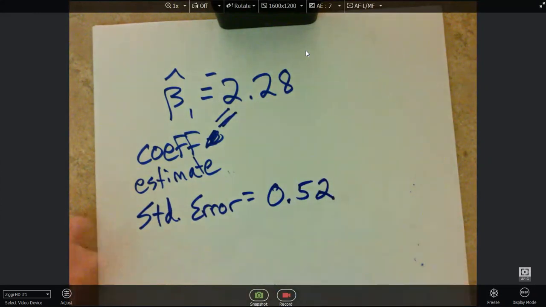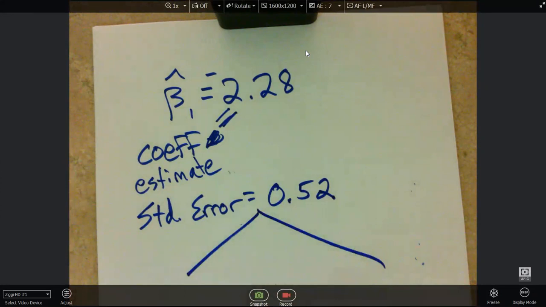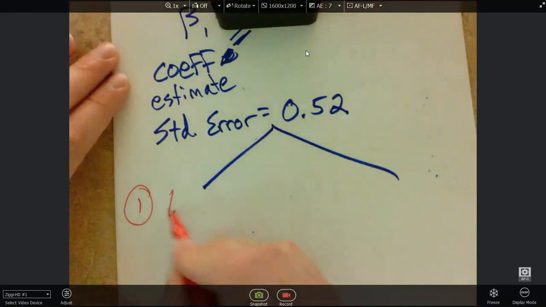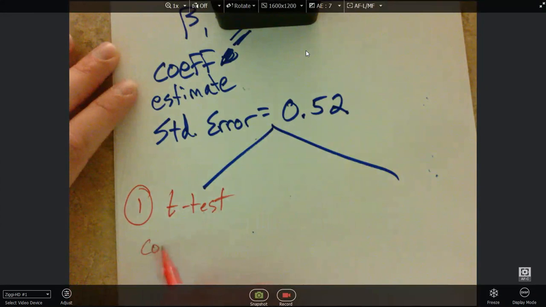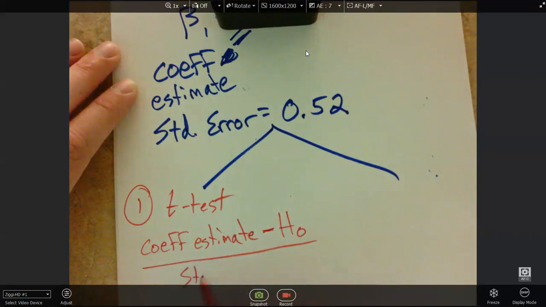So what is this standard error telling us? There are two main ways that we can interpret it. The first way is by doing a t-test. This is where we take the coefficient estimate, subtract the null hypothesis, and then divide by the standard error.